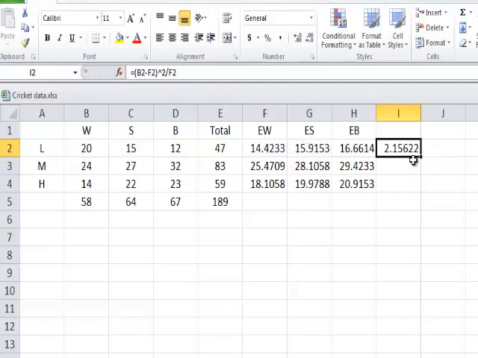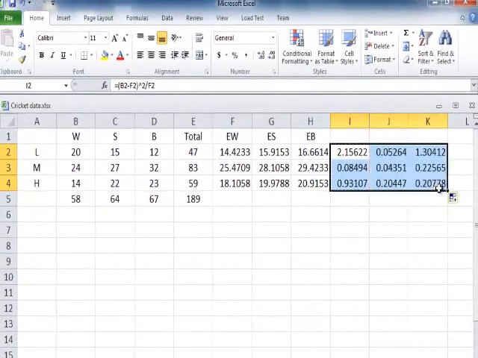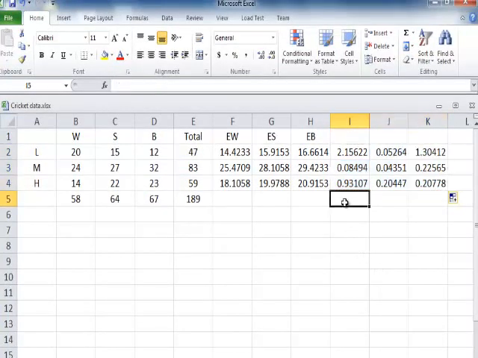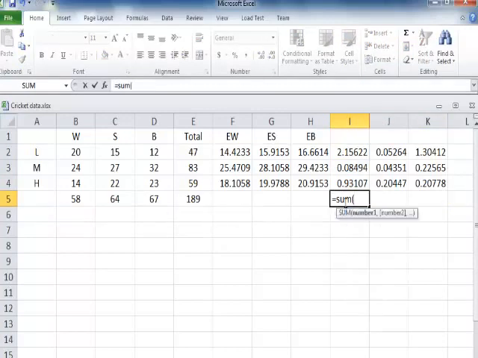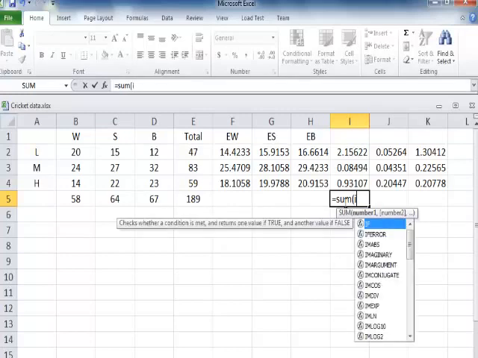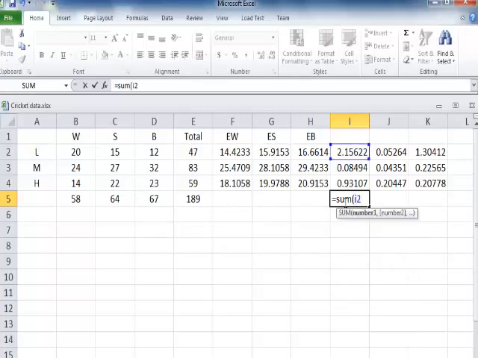Little bit. Okay, so this is 2.152. So these are all the 9 numbers, right, that we need, and I want to sum all of these. I think I can sum the whole thing. I2 colon K4. Yeah.